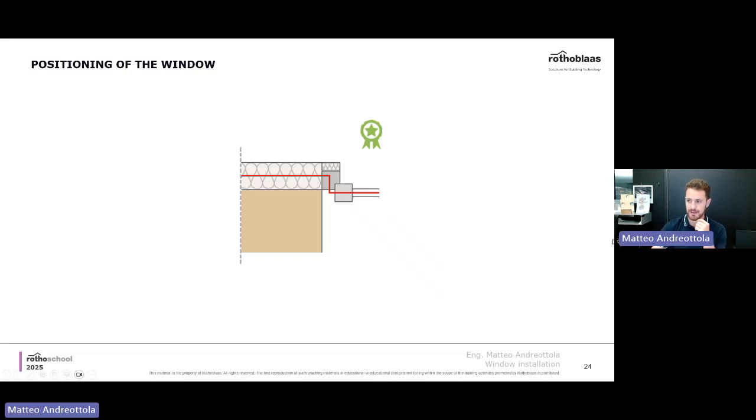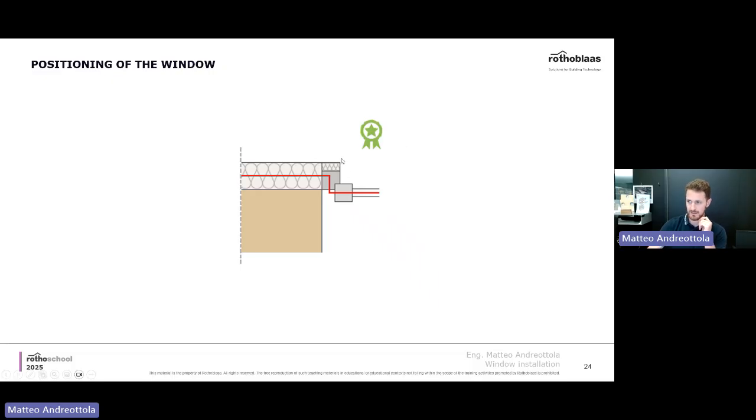We have a positioning which could be this one. So a window which is placed on the outside of the wall, parallel, as a continuity of the insulation layer. In this case, this is good.